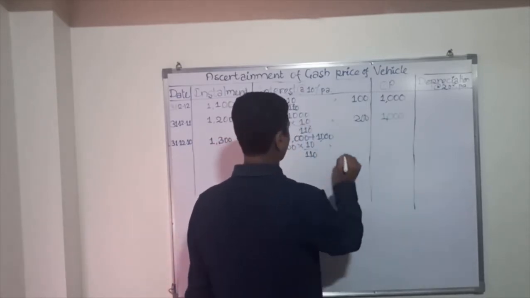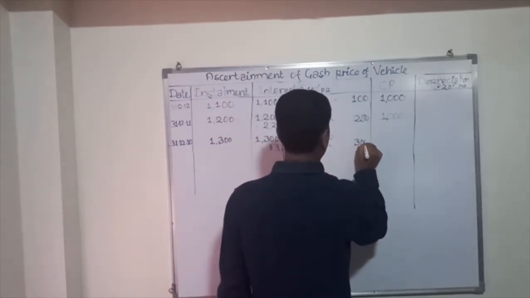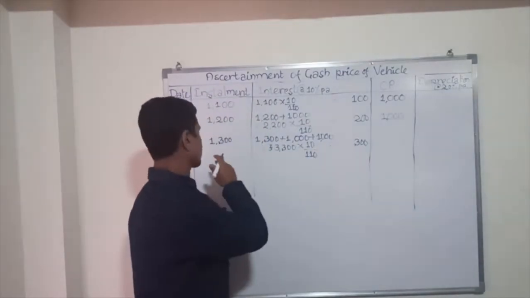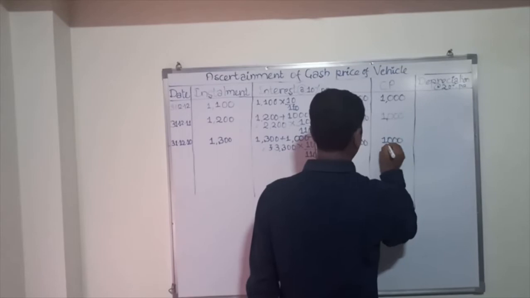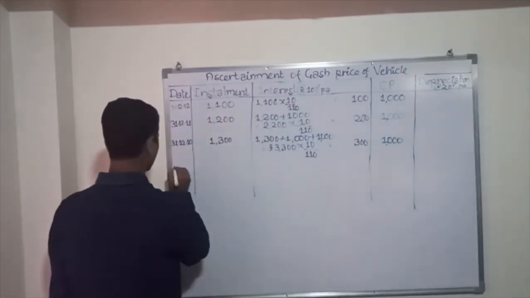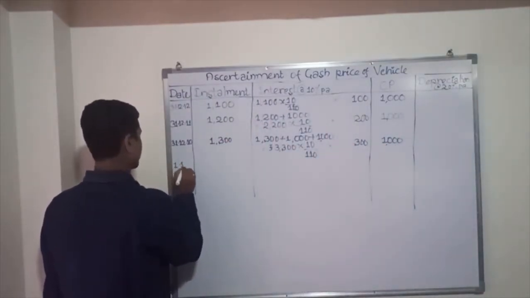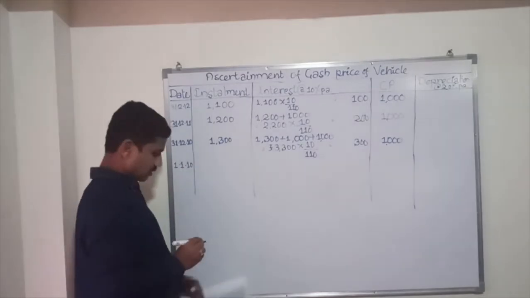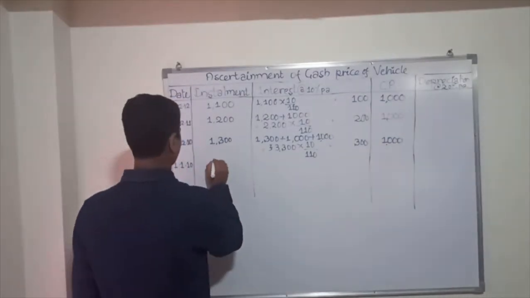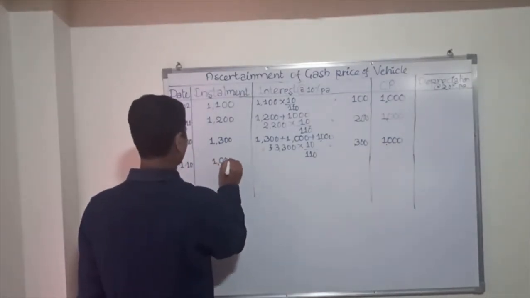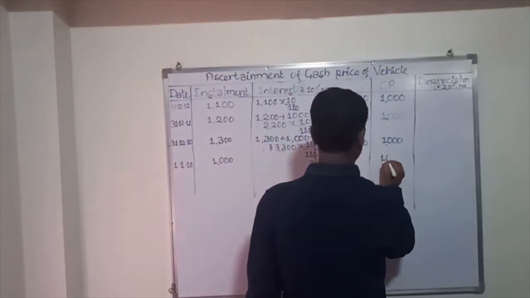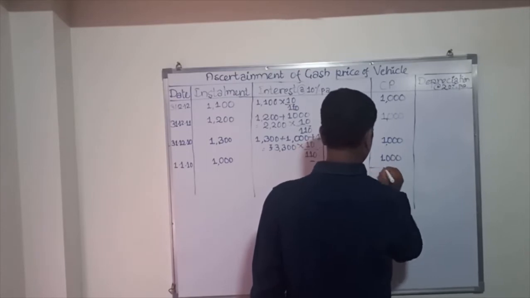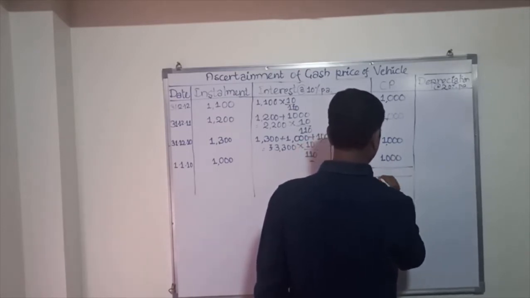That comes to 300. So when this 300 is subtracted from 1300, we arrive at rupees 1000 here. The down payment is paid on 1/1/2010. It is rupees 1000, on which no interest is payable. So here also 1000. Now let us do the totaling here.